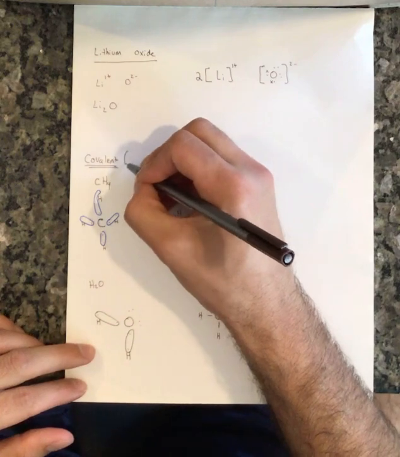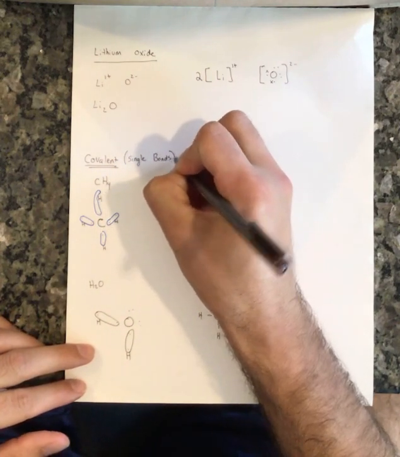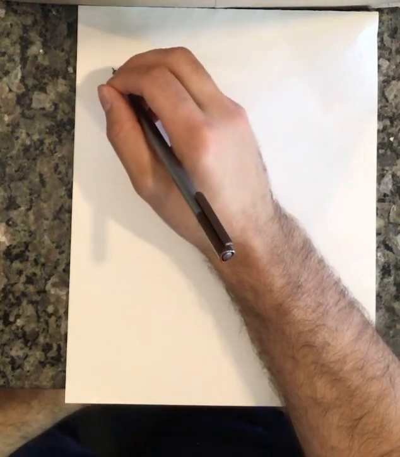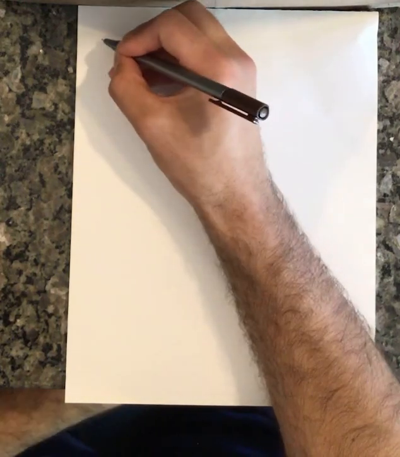Now, these are all single bonds. Okay. What we're going to try now, we're going to try 2 of them that have double bonds, or multiple bonds anyways.